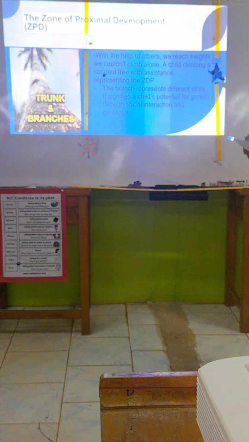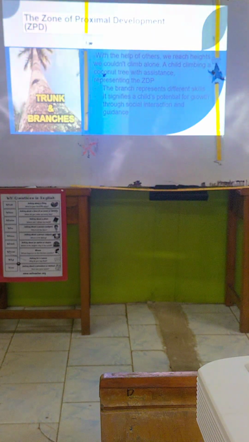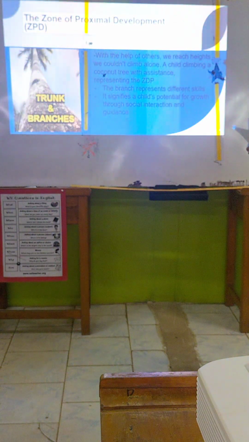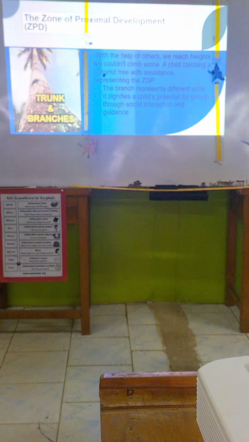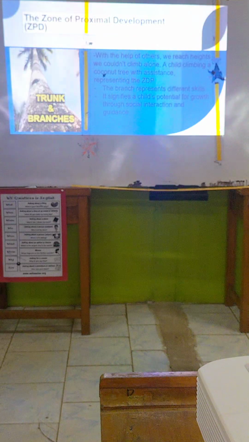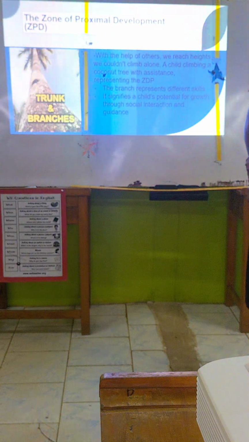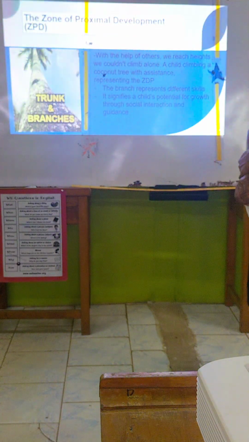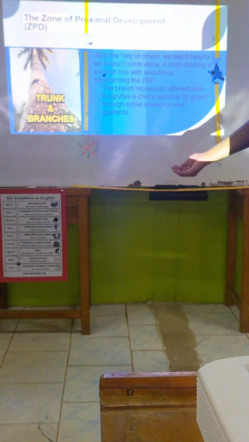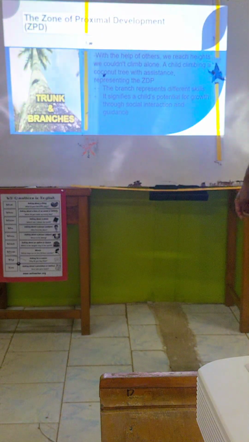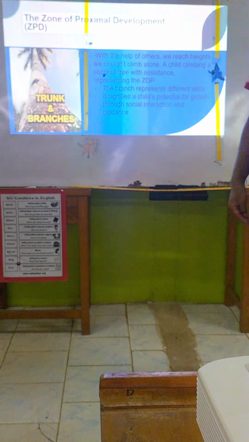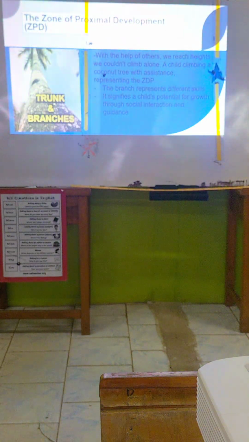It demonstrates the cultural tools which help children cultivate their skills and knowledge, much like the trunk supports the entire tree. Okay, the trunk is the part of the tree that supports the tree. Okay, if something is wrong with the trunk, I think the tree will not grow well. So in this way, Vygotsky underscored the central role of cultural tools in shaping children's learning and development.